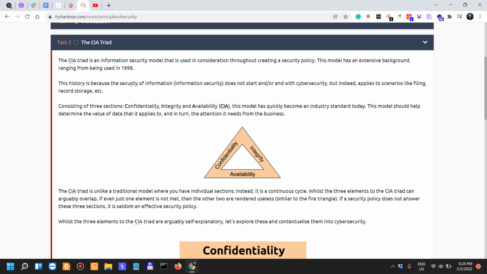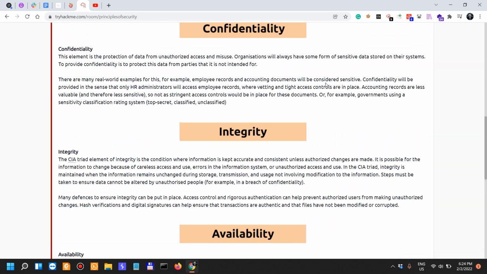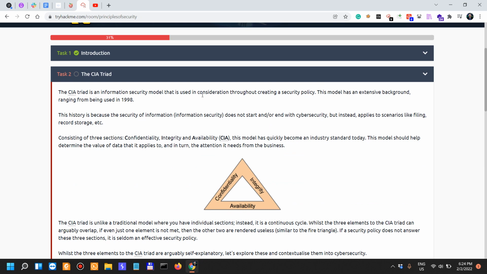So the CIA triad, now fellas, bear with me here because this is going to be extremely boring, but for the sake of completion, we have to go through these. It is an information security model that is used in consideration throughout creating a security policy. The history does not start with cybersecurity, but instead applies to scenarios like filing records.